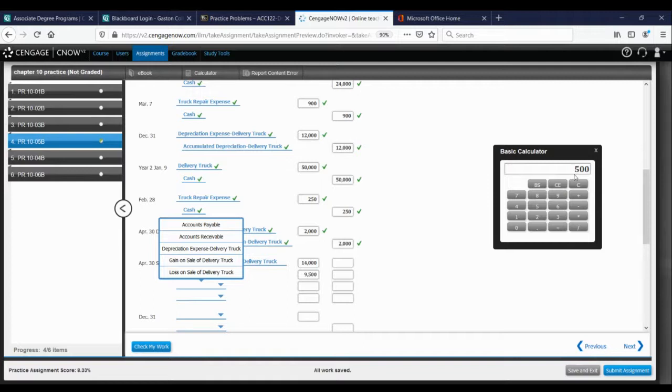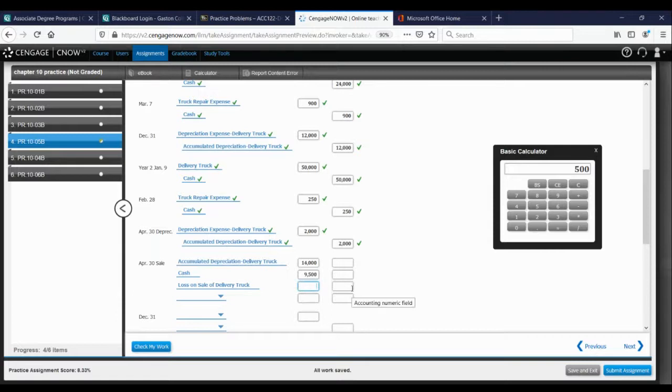Remember, it's the difference between the selling price, which was $9,500, and the book value at the end of the life of the asset, or up to when we're getting ready to sell it. So the book value at the date of sale is going to be compared to the price that we sold it for. In this case, there was a loss, which would be debited because losses are treated as expenses, and the amount would be $500.